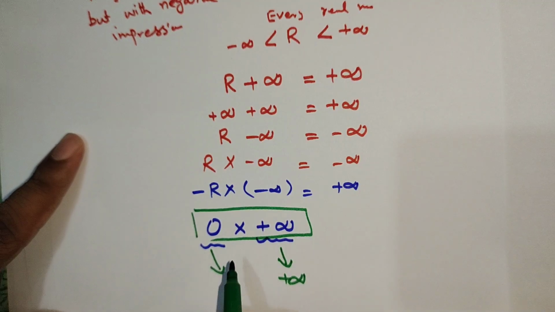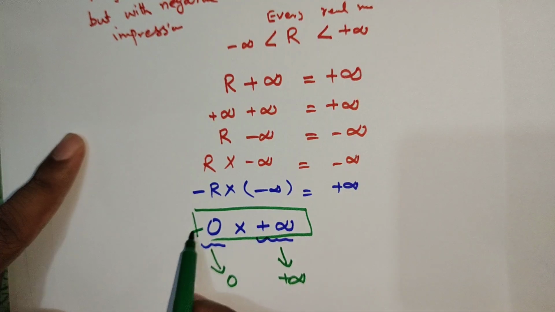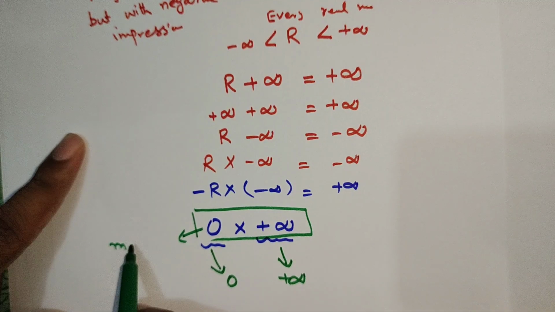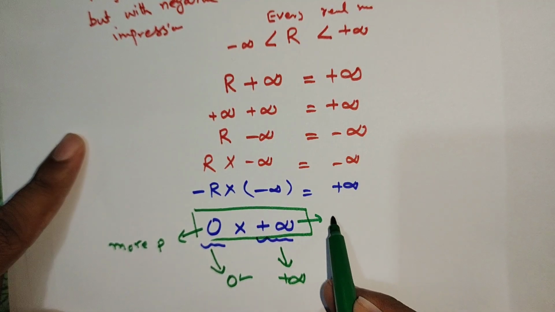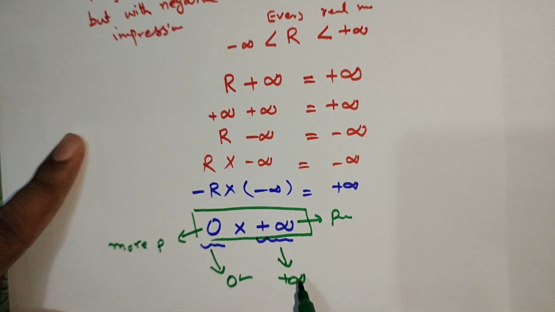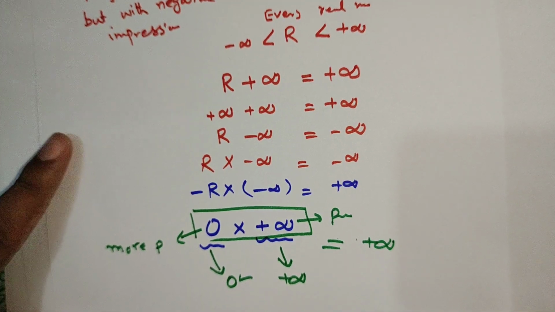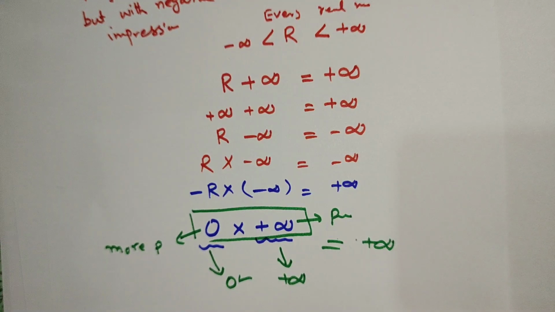The hidden secret of this multiplication is that if 0 is more powerful, then the final answer will be 0, and if plus infinity is more powerful, then infinity is the result. Now, what is meant by more powerful and how can we deal with it?